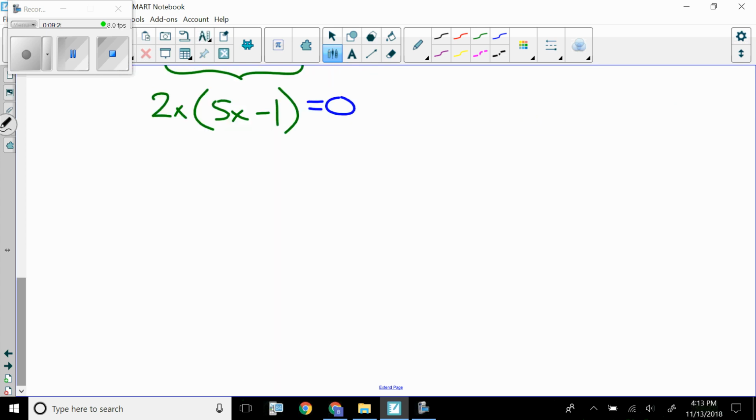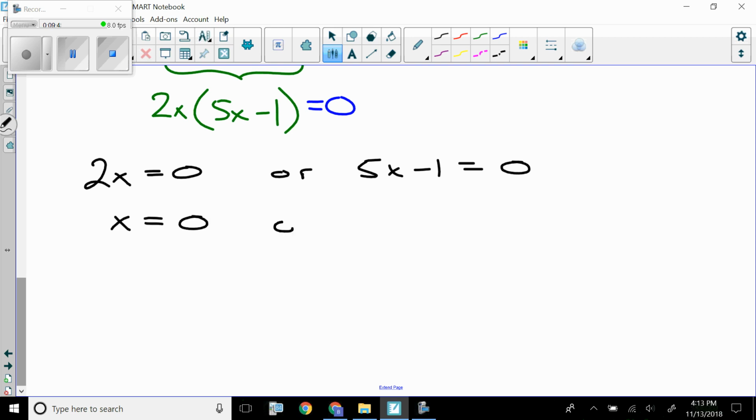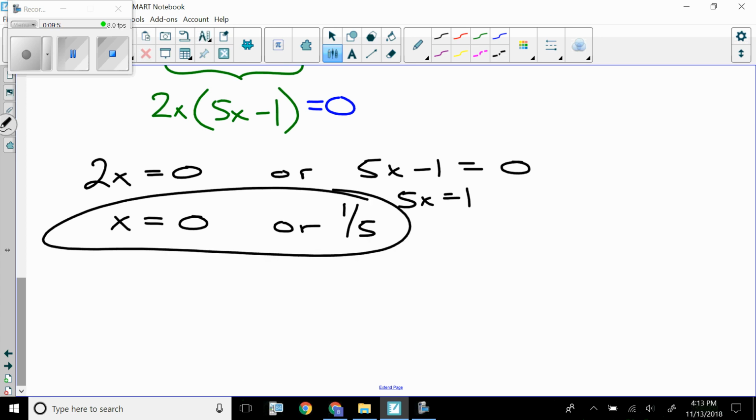Well, the property states that I split off my two factors, and I set them equal to 0. Solving this, I think x equals 0, or what's this, 5x equals 1, so that's x equals 1/5, okay, and I have my two solutions. Again, in the video it seems like we're going pretty fast. It's always wise to pause it, go back, and see if you understand what's happening.